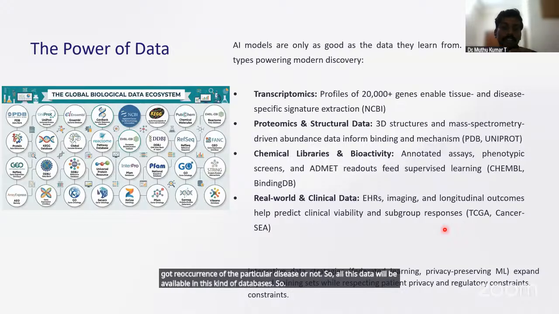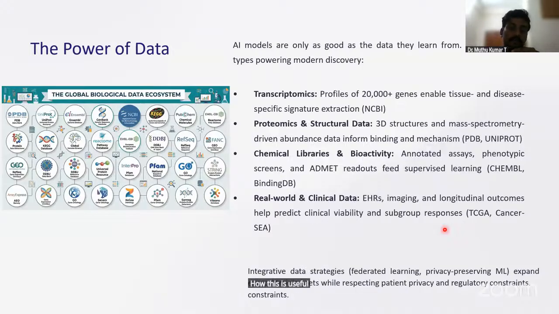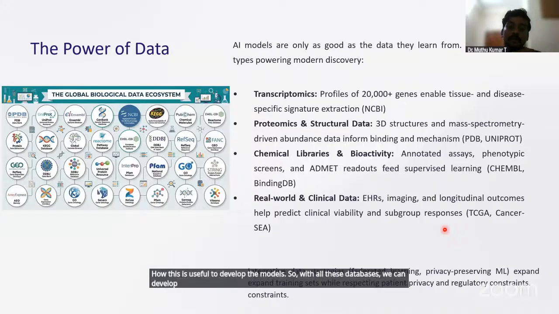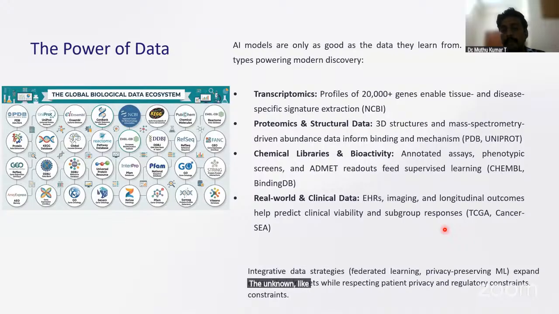So how is this useful to develop models? With all these databases, we can develop models to predict biological activity, which is not required to be tested for unknown, newly developed compounds.